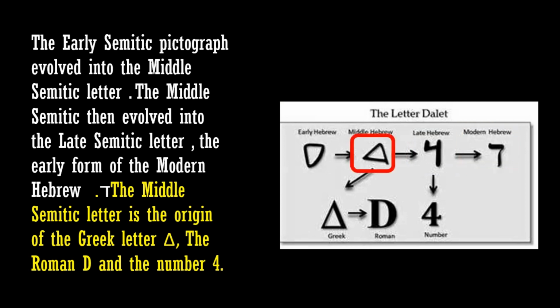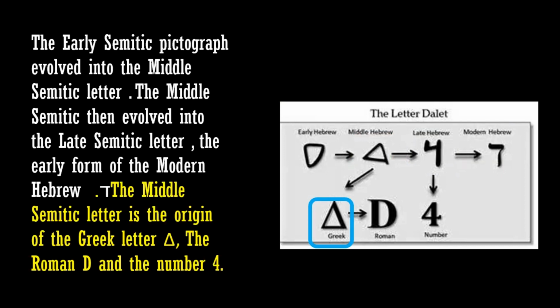The middle script, of course, which would be the Paleo, evolved into the Greek delta. And you see the shape that would be similar to the Paleo shape.